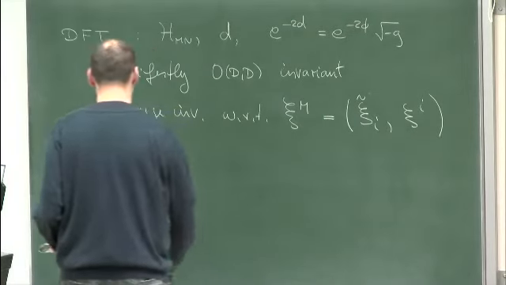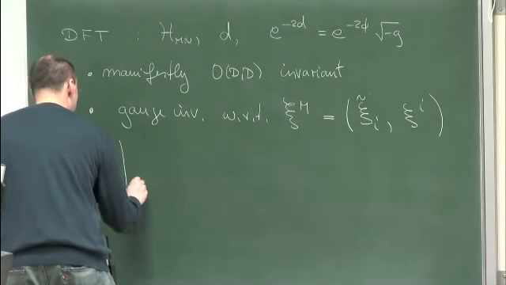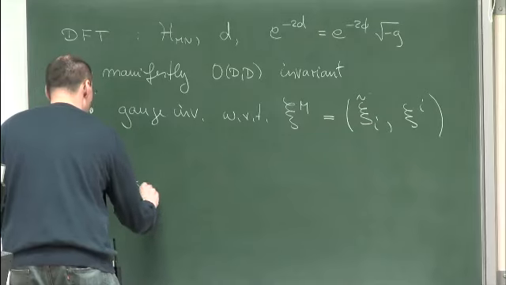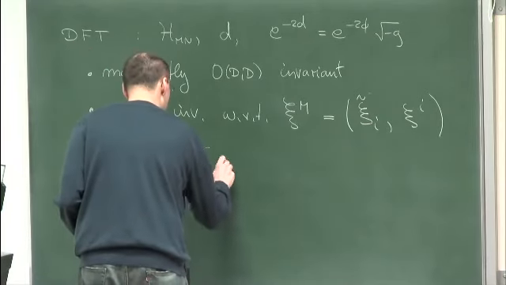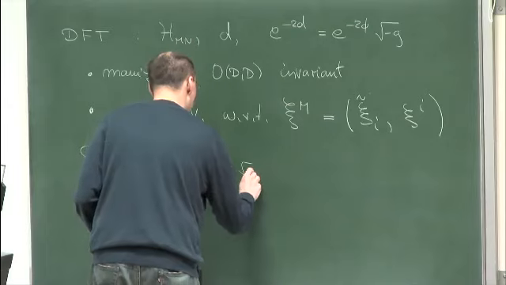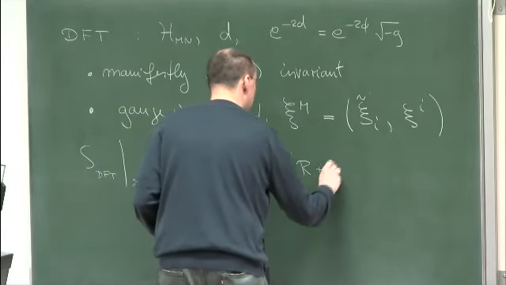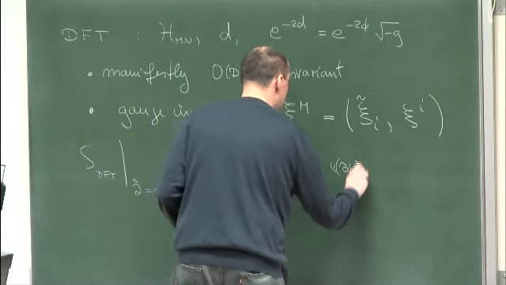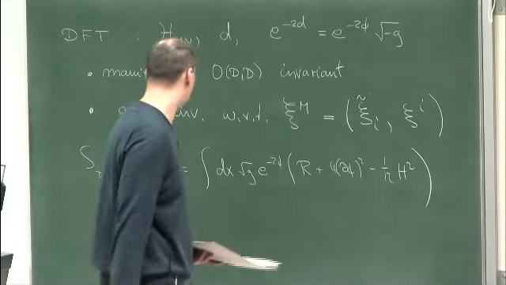And now, just for completeness, if you set these extra derivatives to 0, so you set d tilde equal to 0, the double field theory action just reduces to the standard action, the integral dx root g e to the minus 2 phi, R plus d phi squared, etc. So just the action we have over there.